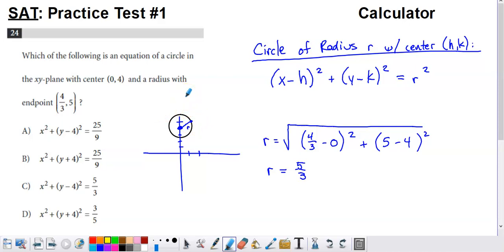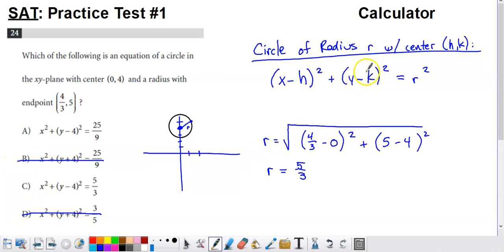So one thing that allows you to get this narrowed down pretty nicely right away is if you do know that you're going to be looking at the opposite of the y coordinate of the center of the circle inside the set of parentheses with the y, you can eliminate choice B, you can eliminate choice D, right?